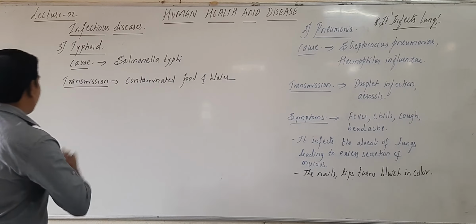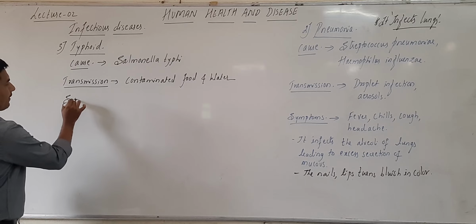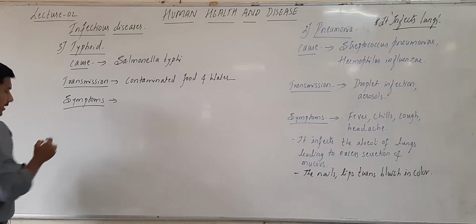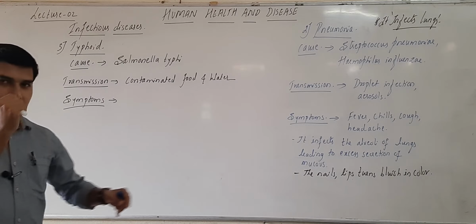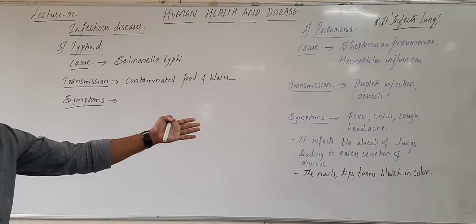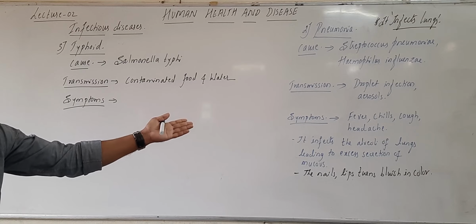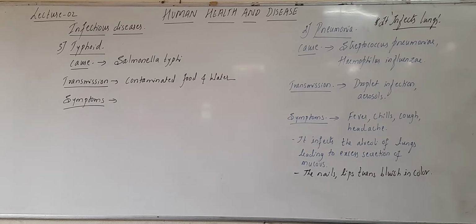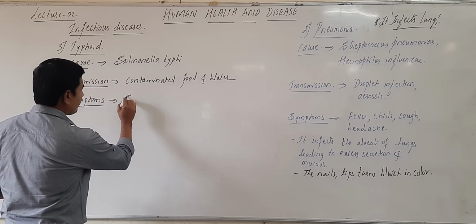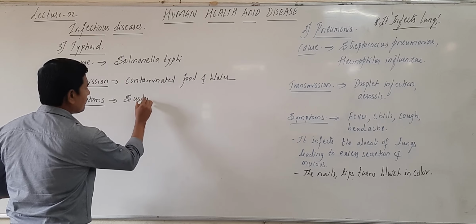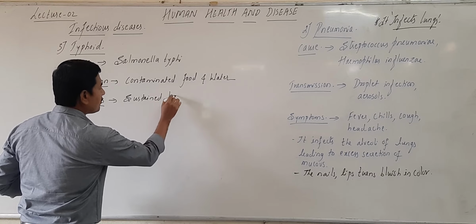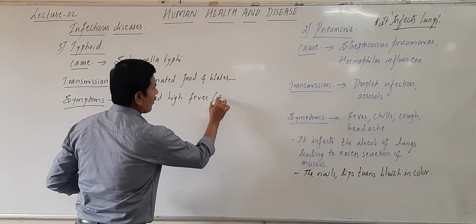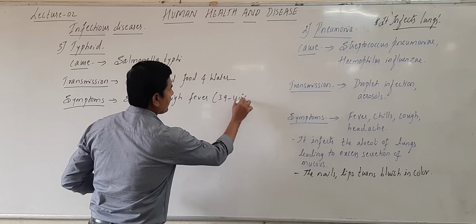Then let's go to the symptoms. Now you can just go through the symptoms there, and some of the same symptoms we will find here. Mainly sustained high fever, around 39 to 40 degrees Celsius.